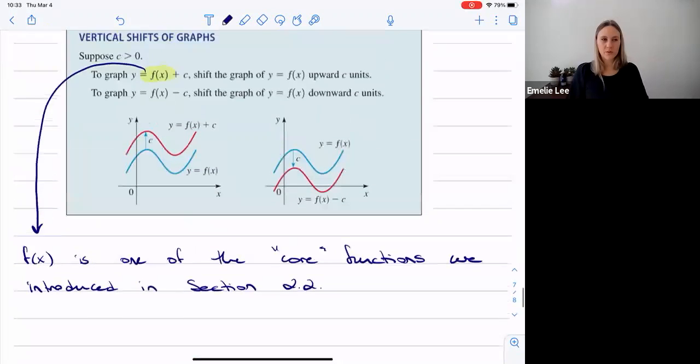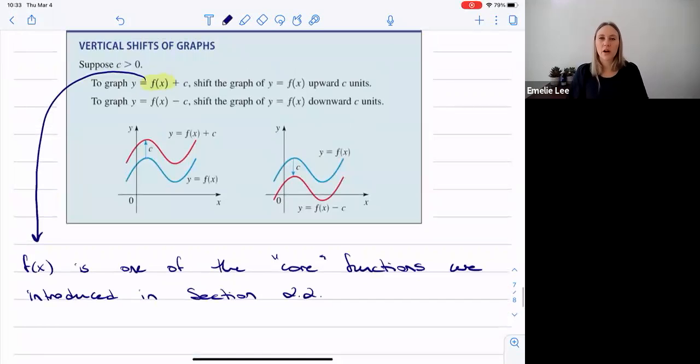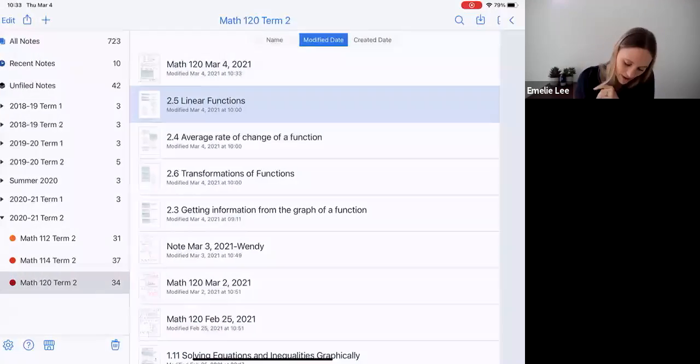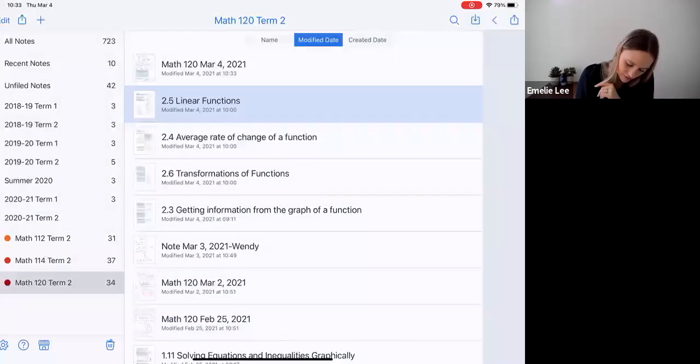So it's going to be one of those. Typically there are other functions, but for our purposes, it's going to be one of those core functions, and now we're shifting things around. So we can have vertical shifts. Vertical shifts behave the same way that you think they're going to behave, unlike horizontal shifts, or at least in my mind. So if you think about, oops, wrong section.